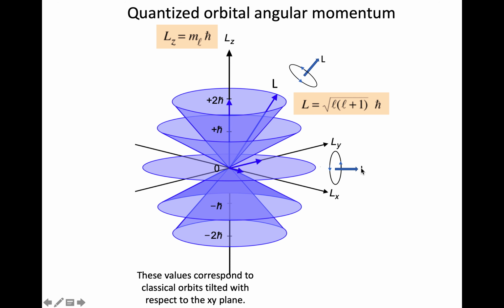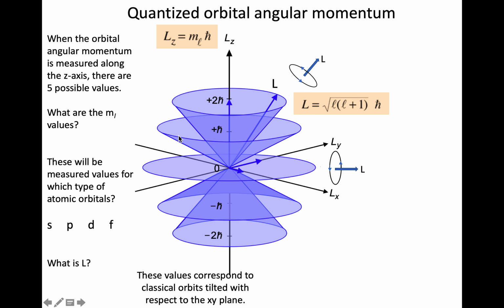We have a projection perpendicular to that, and we see that the projection along the z would be 0. These values correspond to classic orbits that are tilted with respect to the xy plane. It could be right in the xy plane or tilted at different angles. And then these would be the corresponding magnitude and then the projection back to the z.